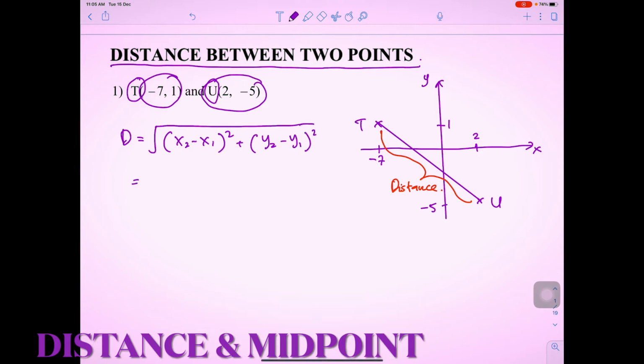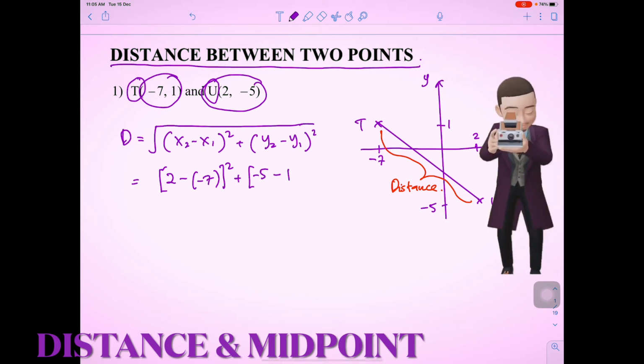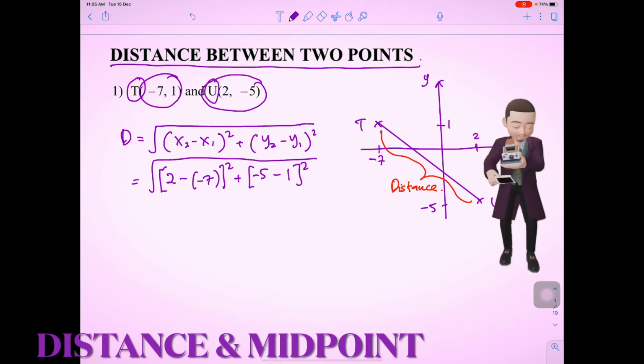And then for TU, we have (2 minus -7) squared plus (y2 is -5 minus 1) squared, and then square root.